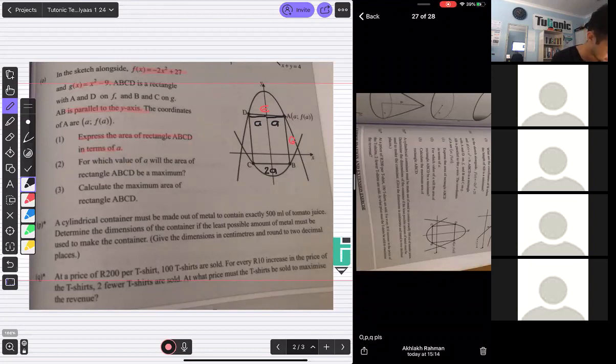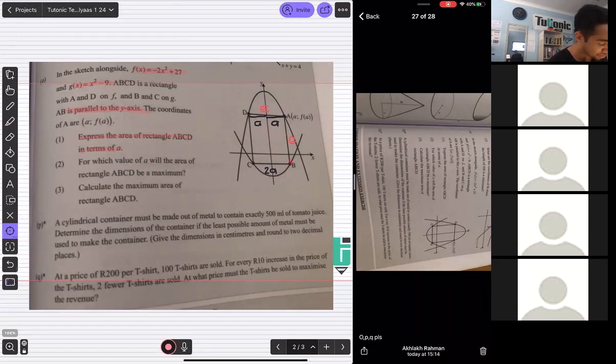Yes, yes. Okay. Because remember, this graph is not shifted to the right or the left, so it's symmetrical about the y-axis. Remember, turning point is on the x-axis. So therefore, if you want to express the area, it's going to be 2A, right?